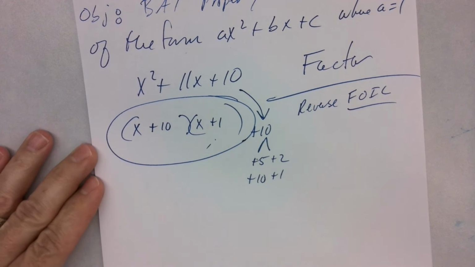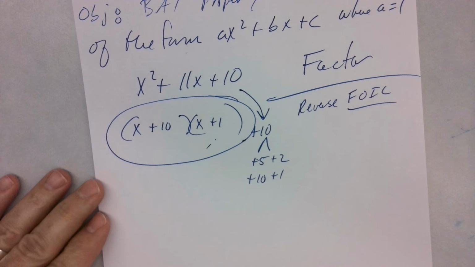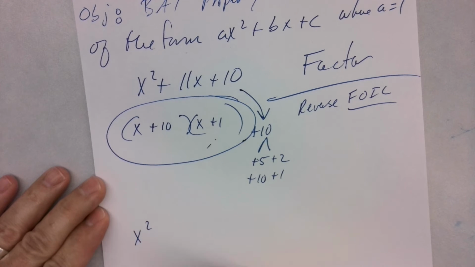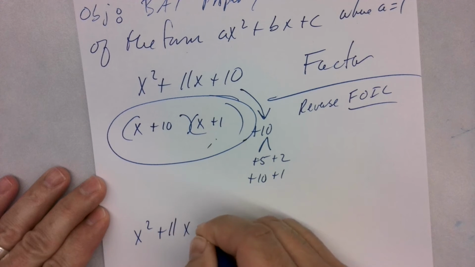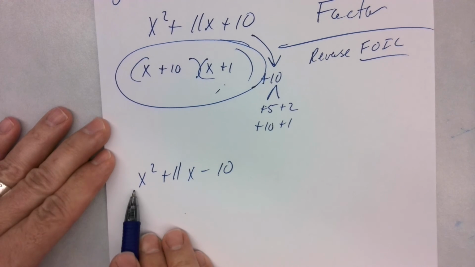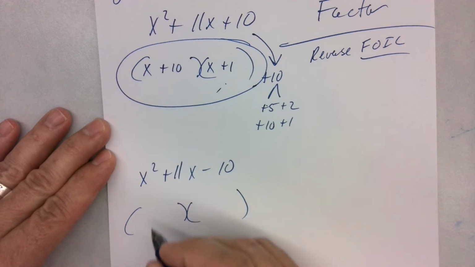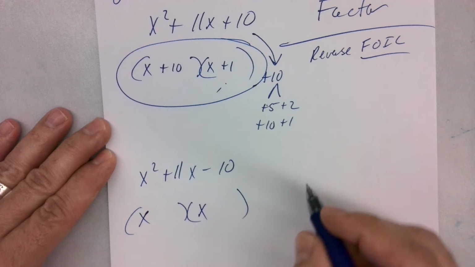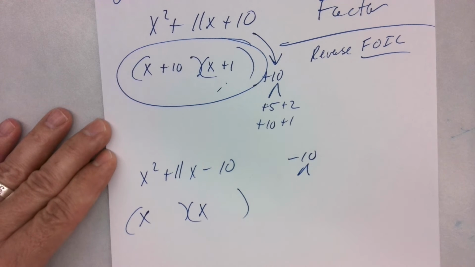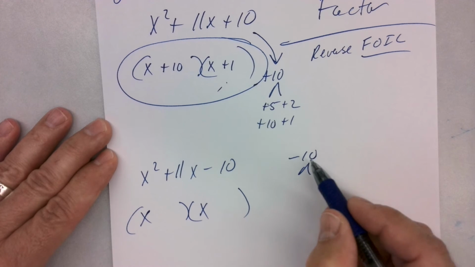Alrighty, so now, you got to understand that there are certain problems that are not factorable. So let's say that we went with Dixon's suggestion and says, well, what if I had a negative 10 there, right? Well, because this is a form where A is 1, it's still going to be what and what? Still x and x. But now I'm going to break down the negative 10. So now this is a little bit more options here. So what are my options or my factors of a negative 10?